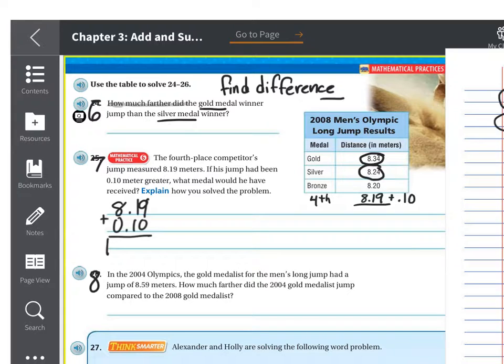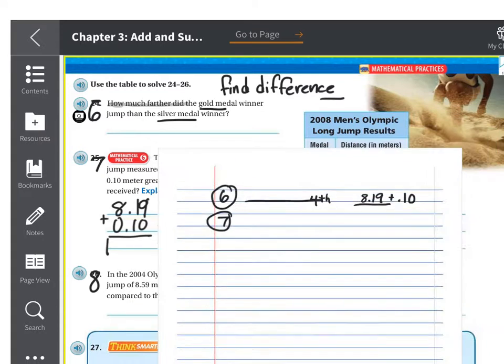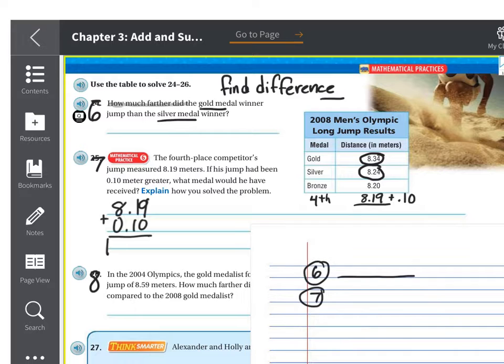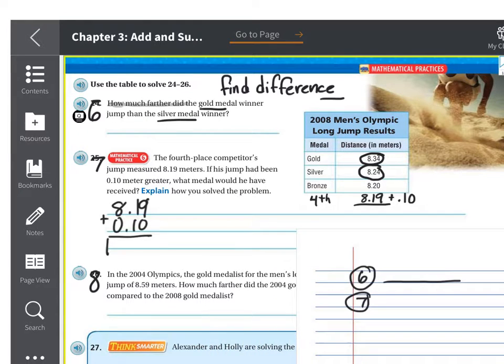Okay, so then you are going to put your answer for number 7 here because you are going to find out. You're going to have a new order here of numbers. Once you figure out how much it would have been if he had gotten more, this will be reordered.